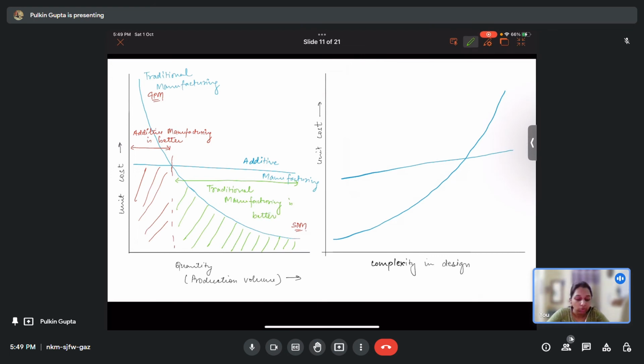Now we come to the complexity in design. So this is your additive manufacturing and this is your traditional manufacturing. Here are your simpler designs, and as you move here these are your complex designs, with complexity increasing in this direction.